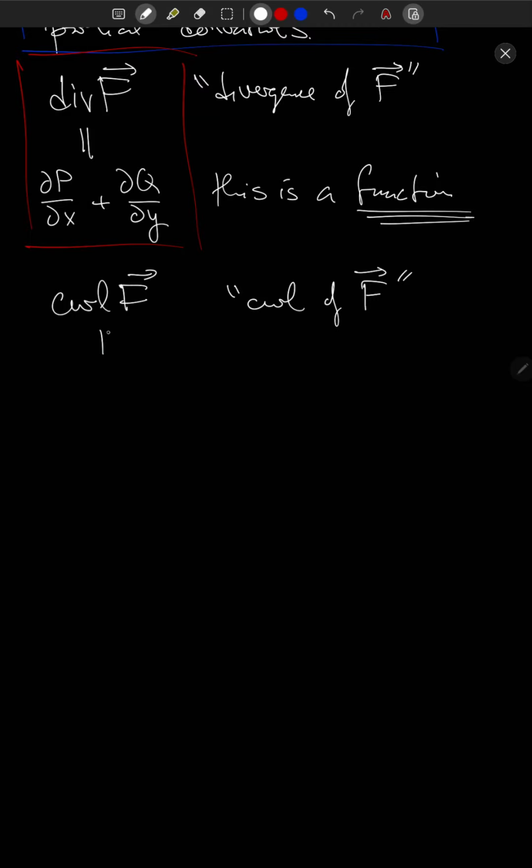So the curl in 2 dimensions, so we're in the plane, is going to be a function as well. But there's a huge disclaimer in higher dimensions.